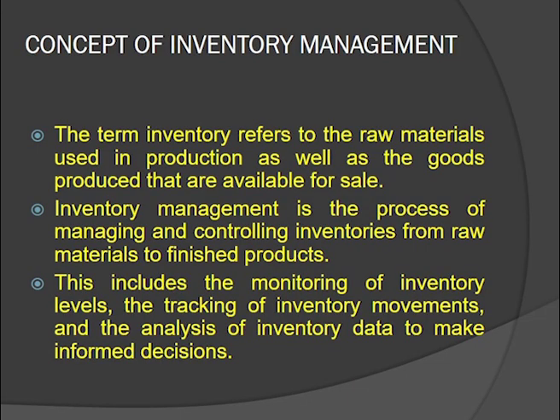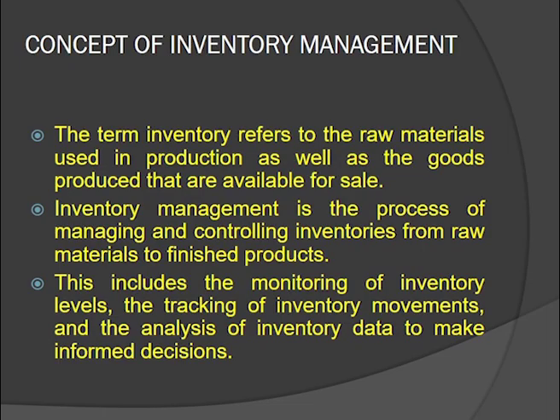Now, what is inventory? The inventory refers to the raw materials used in the production as well as the goods produced that are available for sale. This is in case of manufacturing industry. Manufacturing industry needs raw material to produce the finished goods. In case of service oriented organizations, say software industry, the inventory is different from manufacturing industries.